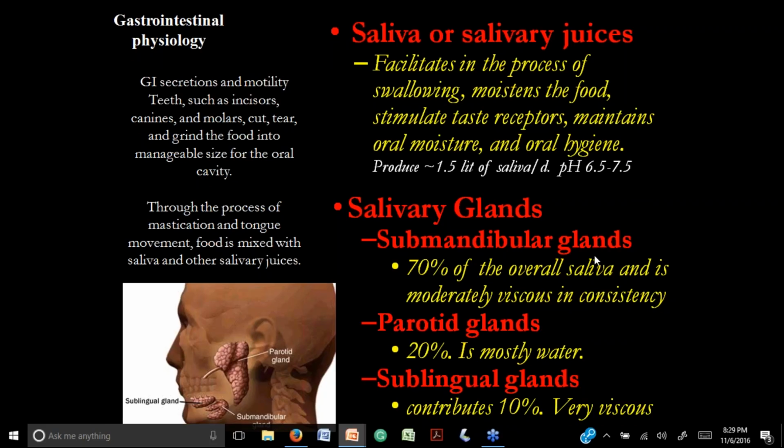The submandibular glands produce 70% of the overall saliva, with a moderately viscous consistency. Parotid glands secrete about 20%, mostly watery. And the sublingual contributes about 10% of the saliva, which is very viscous.